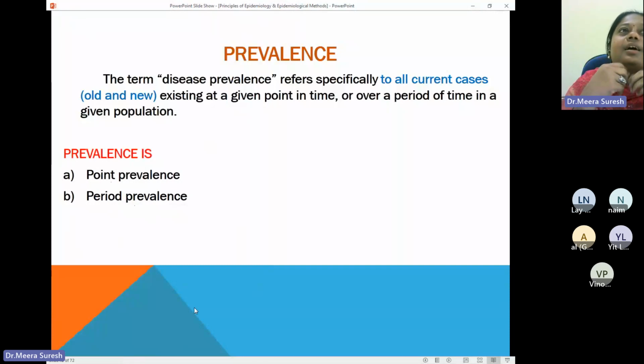If I ask you what is the incidence of tuberculosis on this particular day, there may not be any new cases diagnosed on this particular day. You can't give a number of new cases at a particular point of time in incidence.